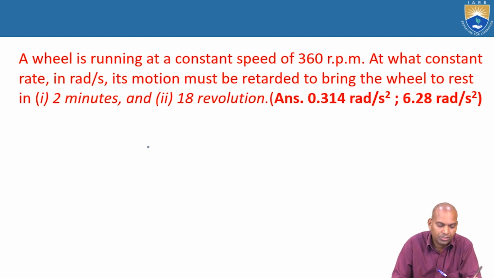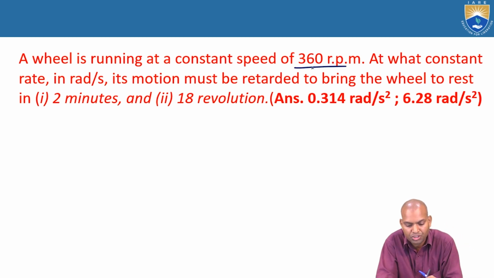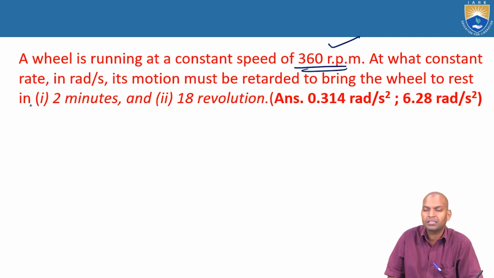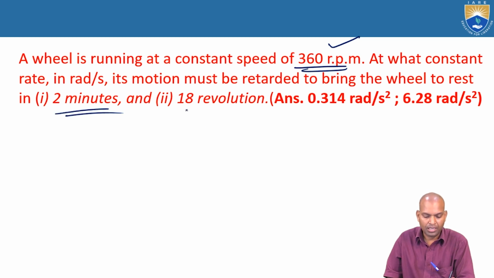Alright. Now the third problem is that a wheel is running at a constant speed of 360 revolutions per minute. At what constant rate in radians per second must its motion be retarded to bring the wheel to rest in 1) 2 minutes and 2) 18 revolutions. So try by equations of motion.